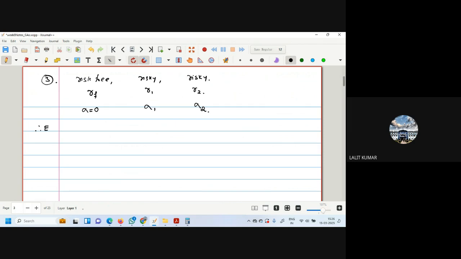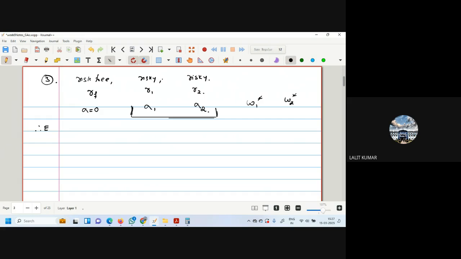Now, how to solve this kind of question? First of all, you consider only the 2 risky assets. When you take the 2 risky assets, you find W1 star and W2 star. So you will get what should be the weights of these 2 risky assets in a portfolio.